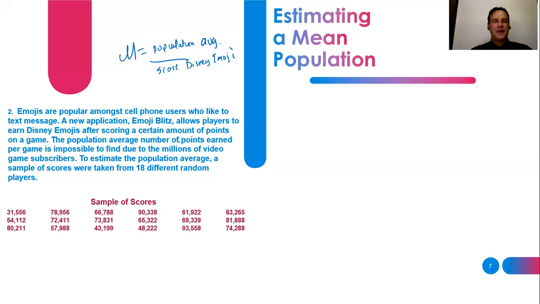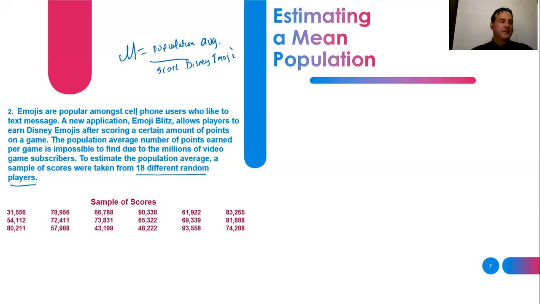How do we find that? There's too many people playing every day. But let's pretend I took all the scores that existed and found 18 different random players' scores. Is it possible to find some type of interval that would contain the true mu?